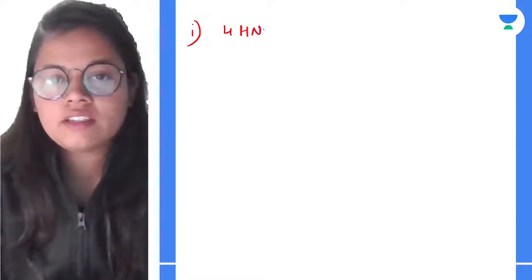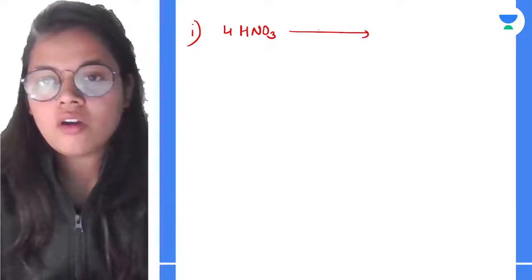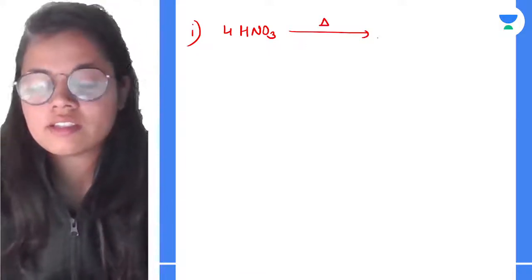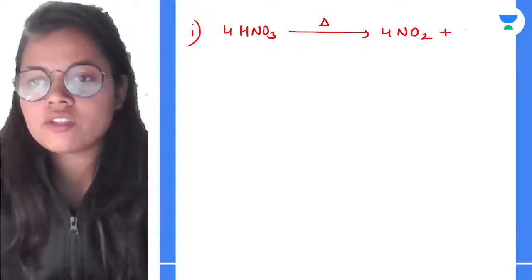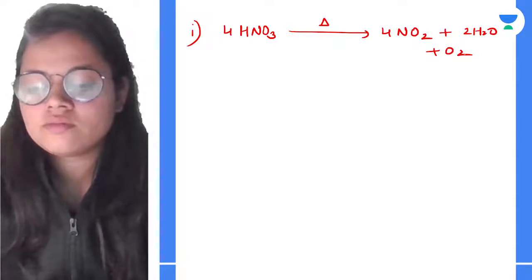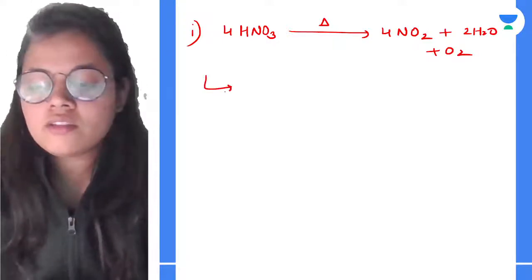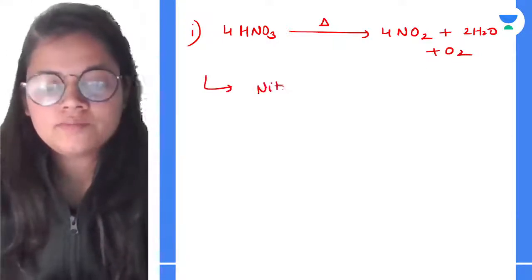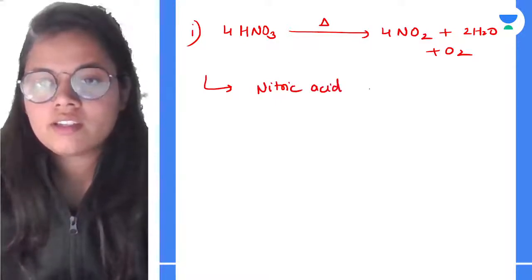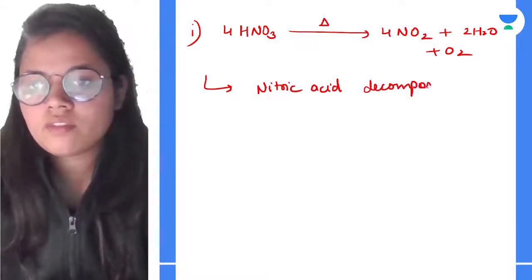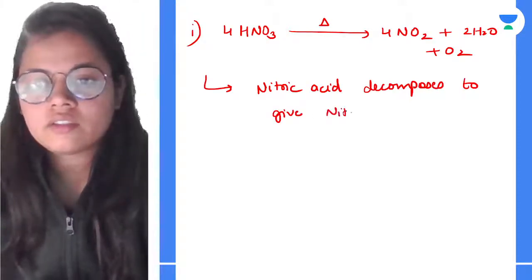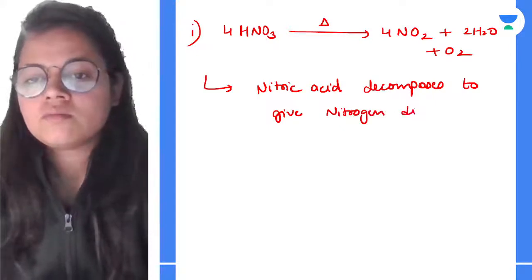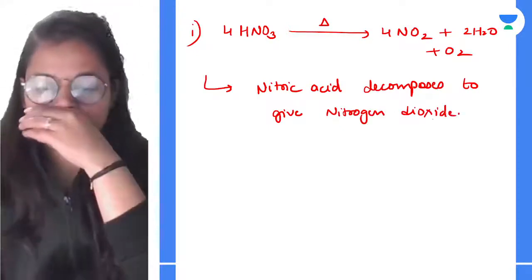So the reason is when nitric acid is heated above 200 degrees Celsius, it will decompose. And it will give what? Nitrogen dioxide. So what is the reason? Because nitric acid decomposes to give nitrogen dioxide. So basically that is the reason.